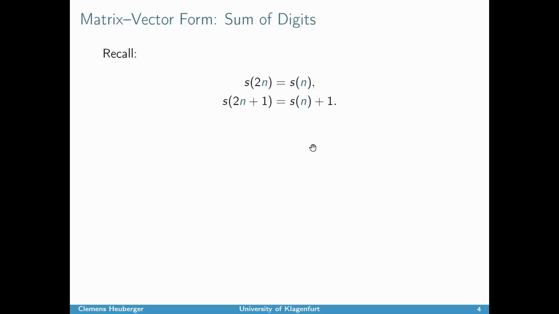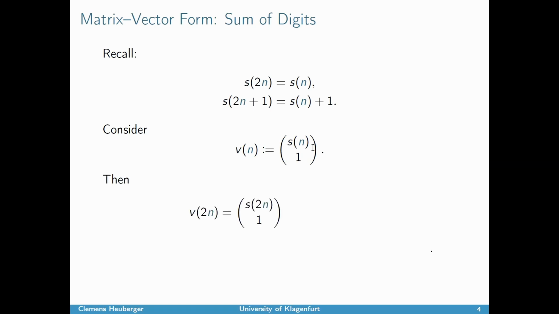I start with the sum of digits. I'd like to write that in matrix vector form. So here is the recurrence. And I consider a vector, v of n, defined to be S of n and a constant sequence in the second component, because constant sequences occur right here.